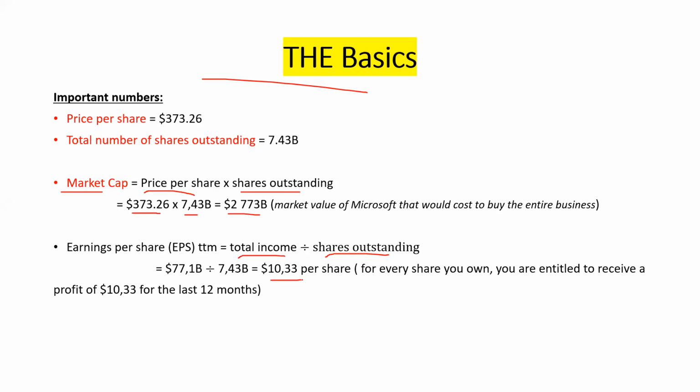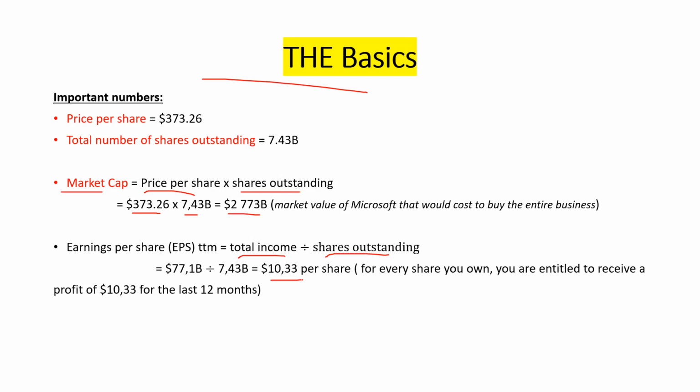For example, let's say I had 100 shares of Microsoft and the earnings per share is $10.33 per share. So you multiply these two numbers, I get roughly $1,000. So it says because of my 100 shares, I will get $1,000 in profits. Do you guys get that?